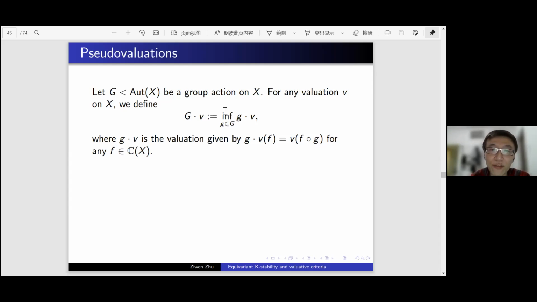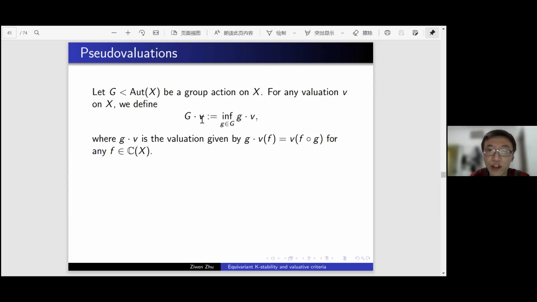If we take the infimum among all the actions on the valuation, we get a pseudo-valuation, which we denote by G·v. This is the pseudo-valuation we are going to use in place of the valuation coming from the prime divisor in the original valuative criterion.